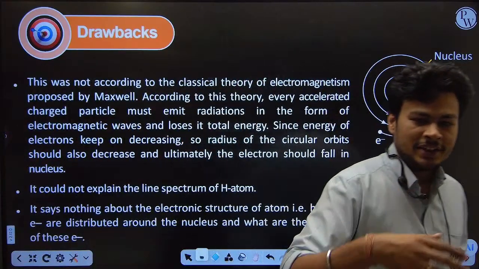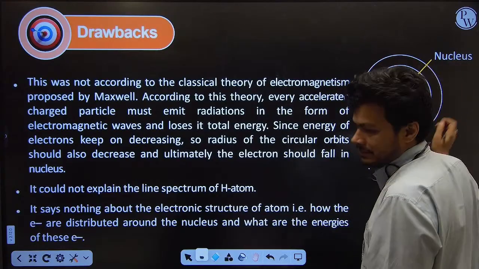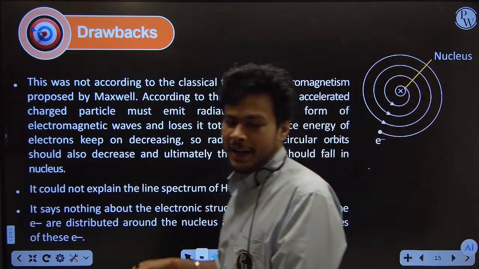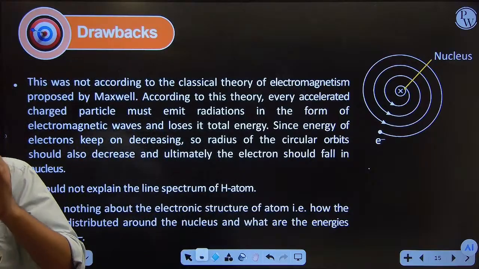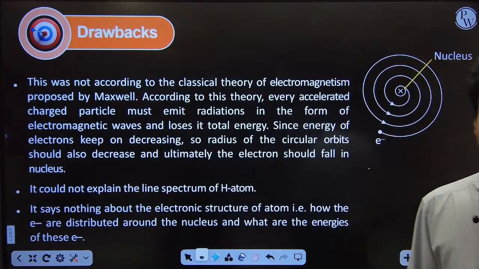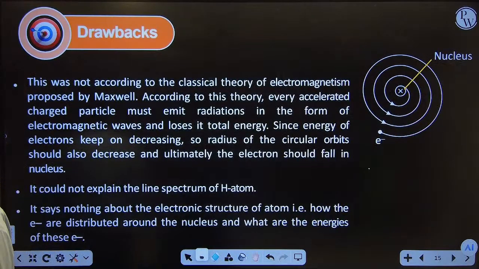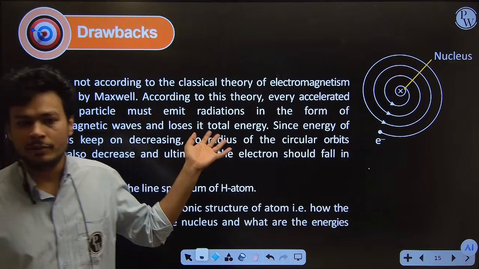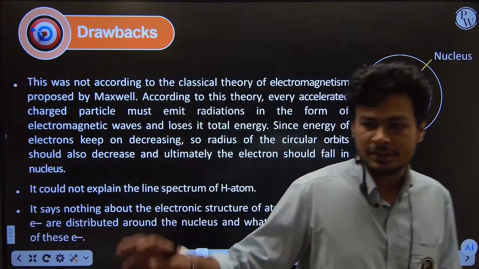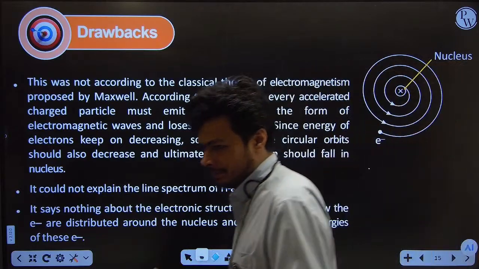So if you are constantly losing energy, then the electron must spiral down, collide into the nucleus, and the stability of the atom should be like 10 to the power minus 5, 10 to the minus 6 seconds. We know that is not true, right? So we will say this is a failure of the Rutherford model. Atom is stable, we know, but it is not able to explain that phenomenon, not adding up.